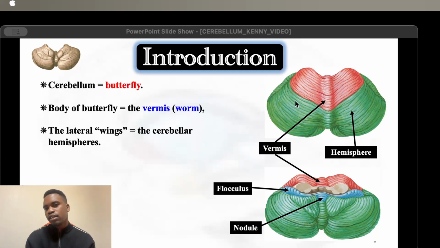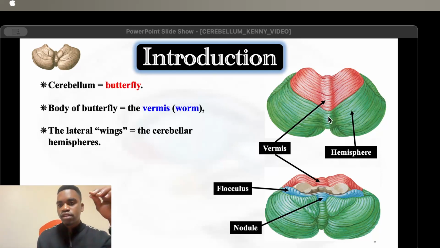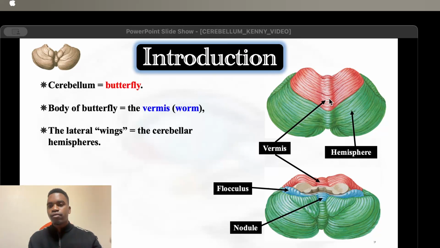This might be the left wing and this the right wing, but this one is the body of the butterfly. This body is the cerebellar vermis. Vermis means worm. So the body of the cerebellum is known as the vermis, which literally means the worm.